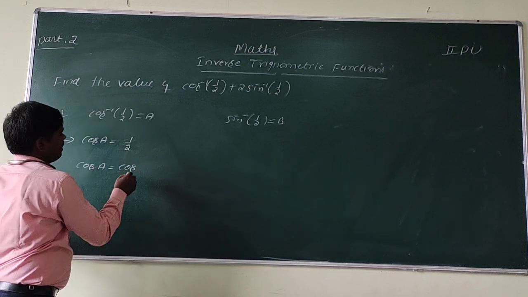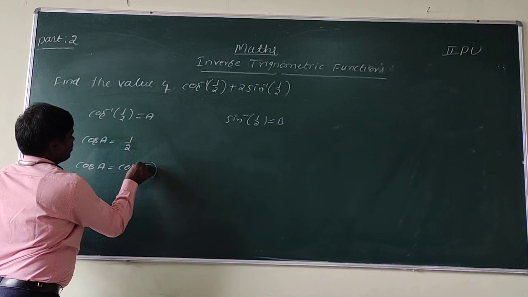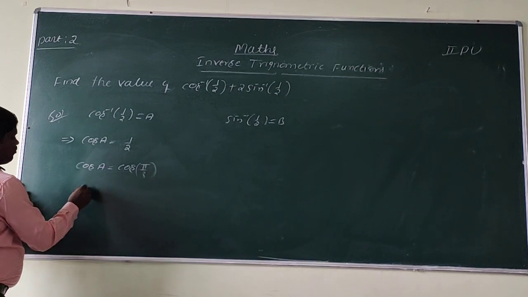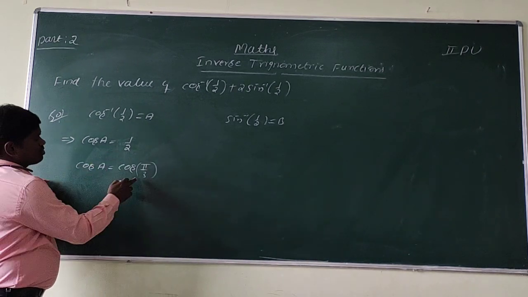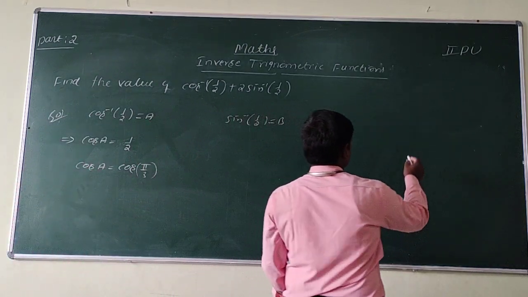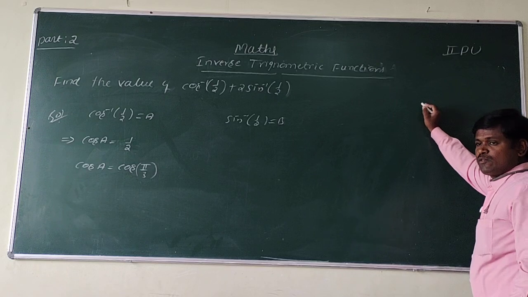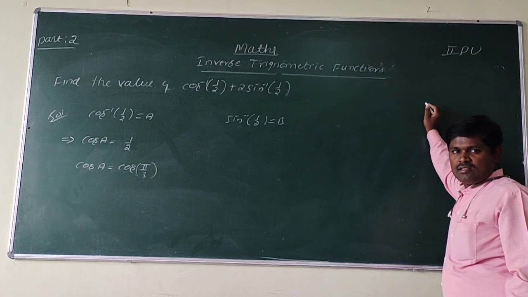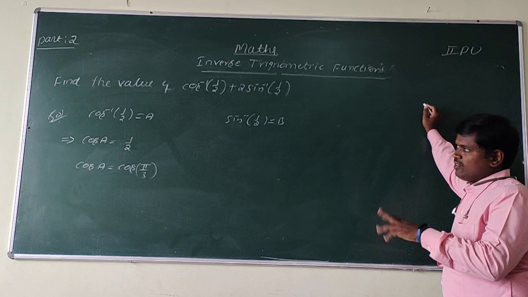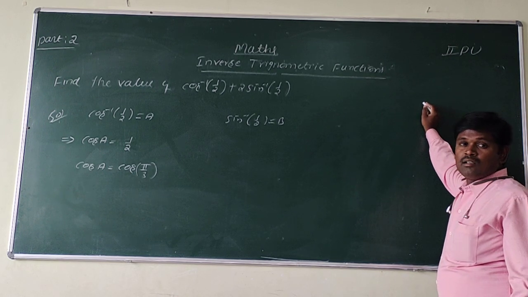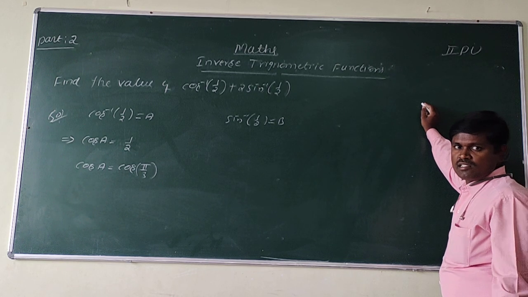Cos 1 by 2 is nothing but pi by 3, that is cos pi by 3. Already you know this from the table. Again, it is very important to remember the first two formulas, otherwise it is very difficult to solve problems in trigonometric functions. So I write the formulas again and again on the board.